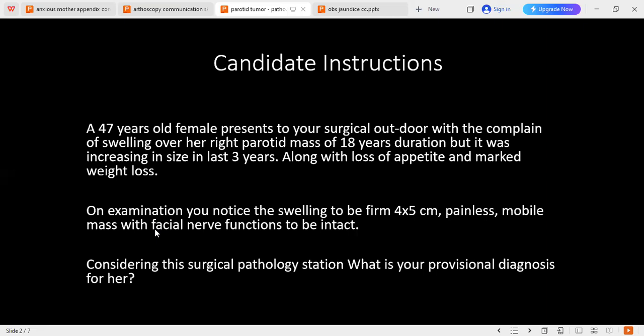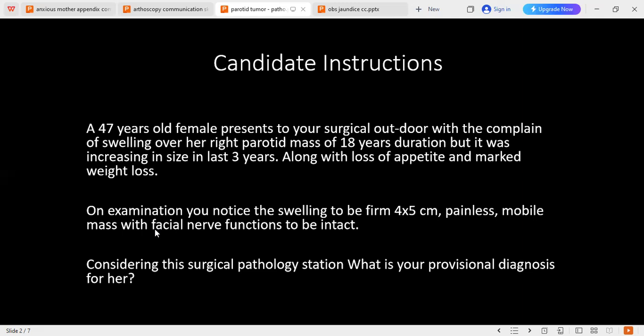These are all benign. In the malignant ones, there are mucoepidermoid carcinomas, adenocarcinomas, acinic cell carcinomas, adenoid cystic carcinomas, and squamous cell carcinomas.